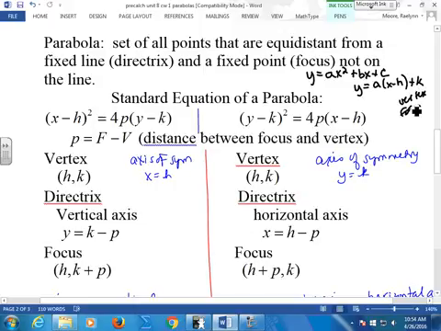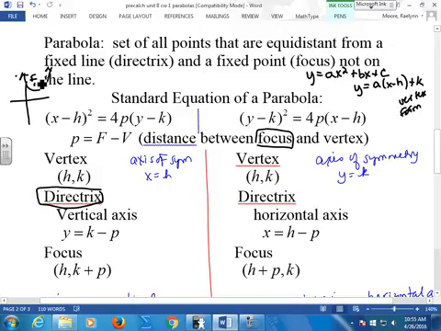Now, the reason we change this is because we want to find two other things about your parabolas. We want to find your vertex as normal, we want to find a focus, and we want to find a directrix. So what that means is this. If this is my parabola that goes up and down, if up is positive, down is negative, your focus is a point that's going to come inside your parabola.